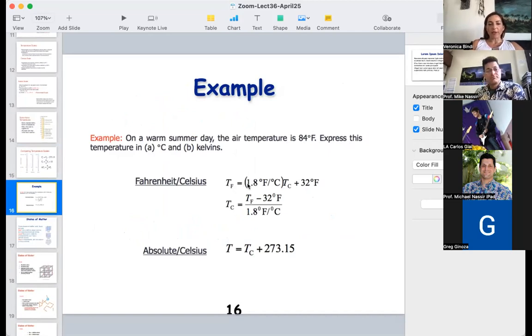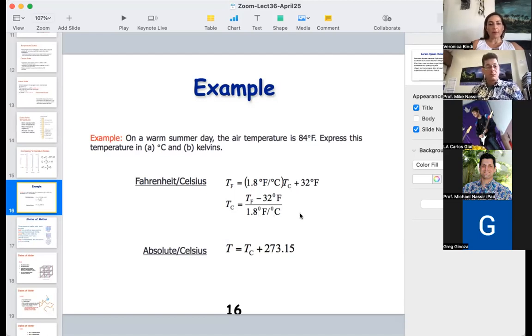So temperature in Fahrenheit is 1.8 Fahrenheit over Celsius times the temperature in Celsius plus 32 Fahrenheit. And so T in Celsius is equal to T in Fahrenheit minus 32, divided by 1.8. So we need to do 84 minus 32 divided by 1.8.